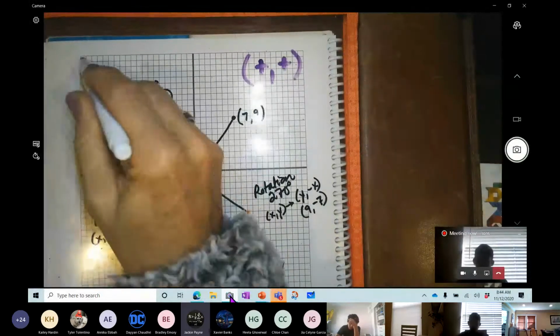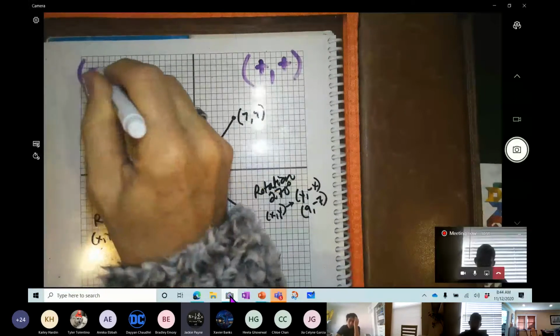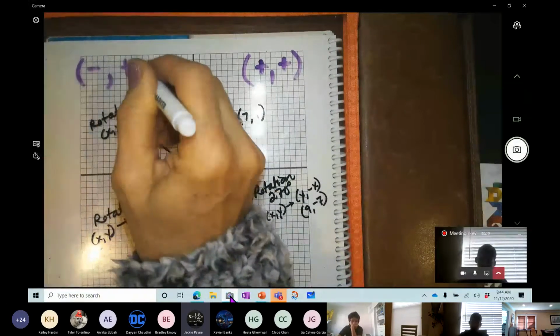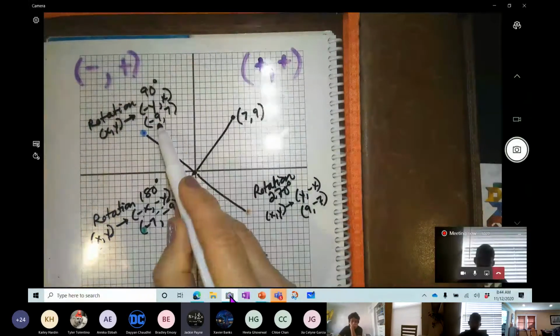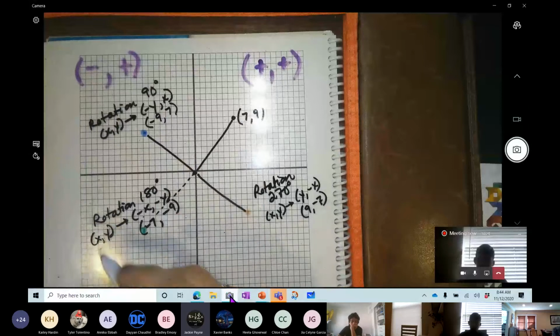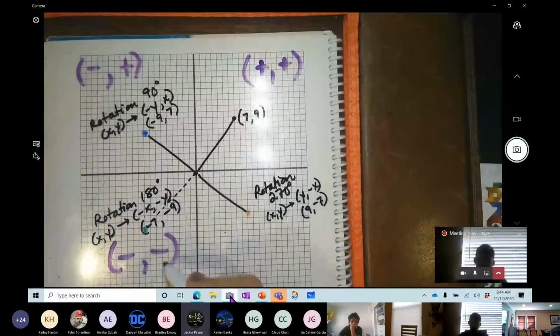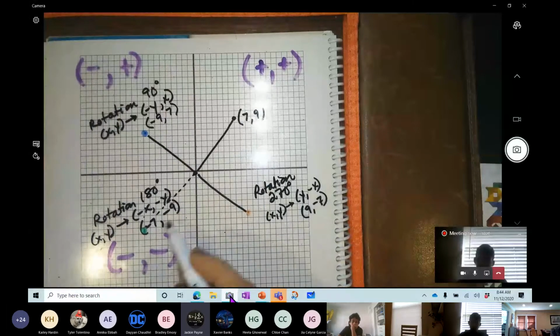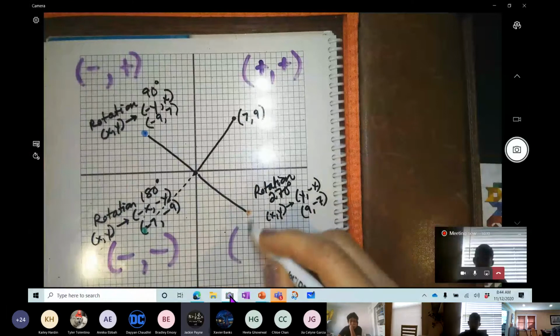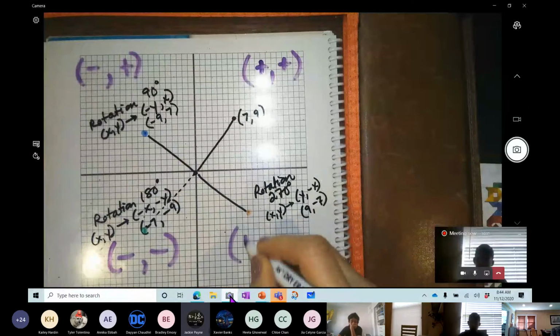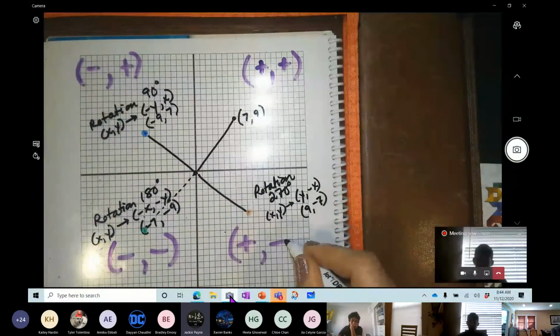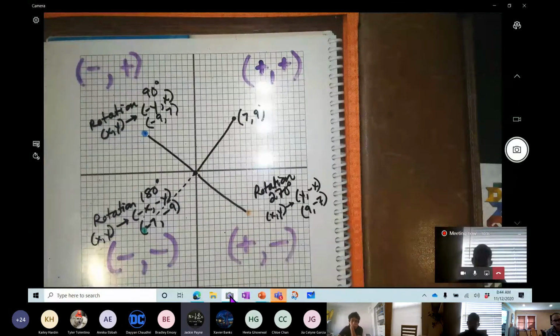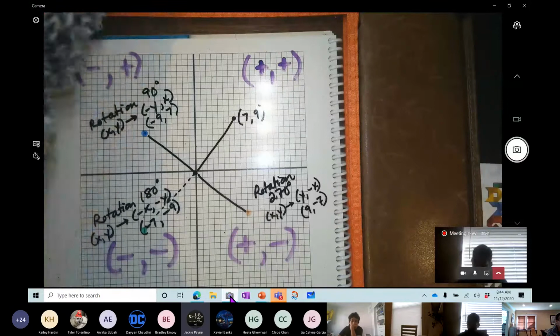This is quadrant 2, so your x is negative, but your y is positive. See, your x is negative and your y is positive. Down in quadrant 3, both are negative. And in quadrant 4, your x is positive and your y is negative. So if you remember your quadrants, it'll make these rules even easier to remember.